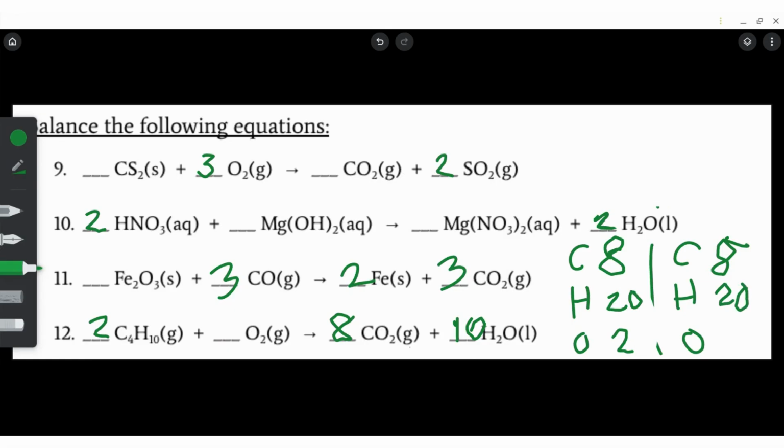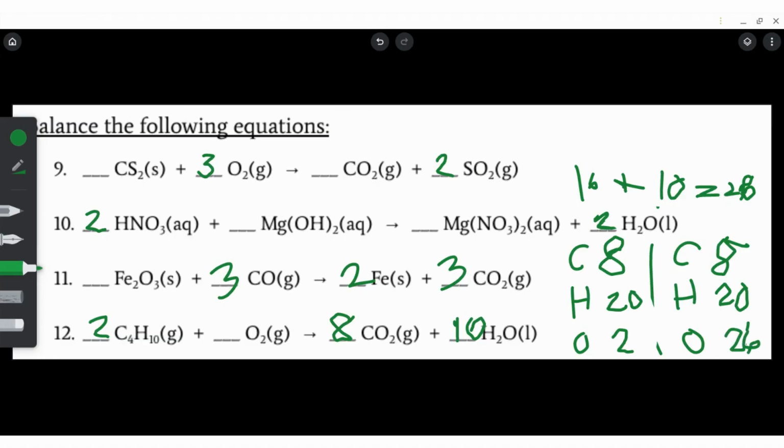And then our oxygens, we are going to have 8 times 2, which is 16, plus 10 oxygens, and that's going to give us 26.